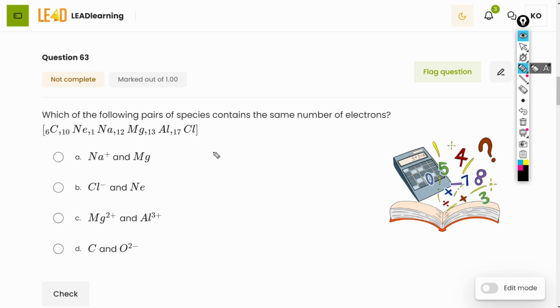Question 63. Which of the following pairs of species contains the same number of electrons? Now, the numbers written here are the proton numbers, and the proton numbers are the same as the number of electrons.